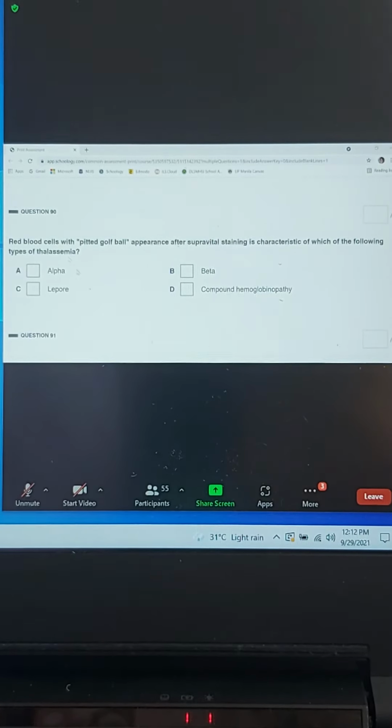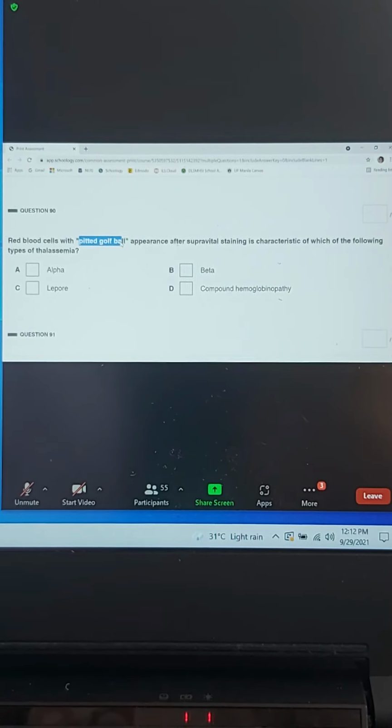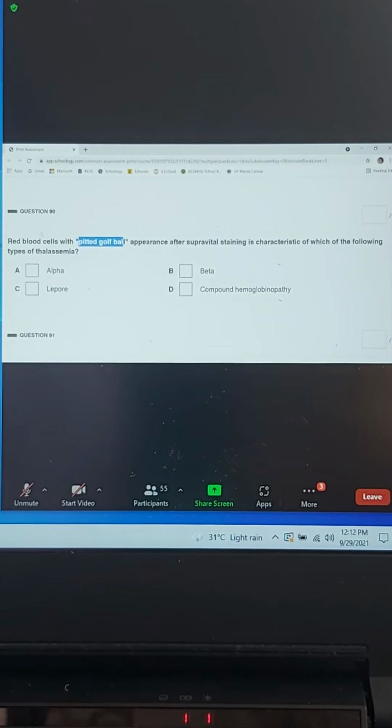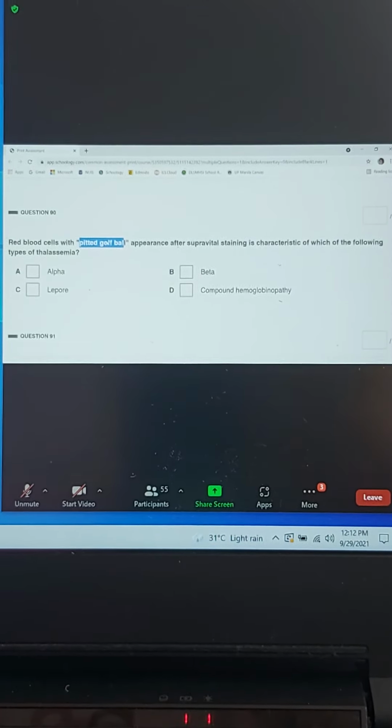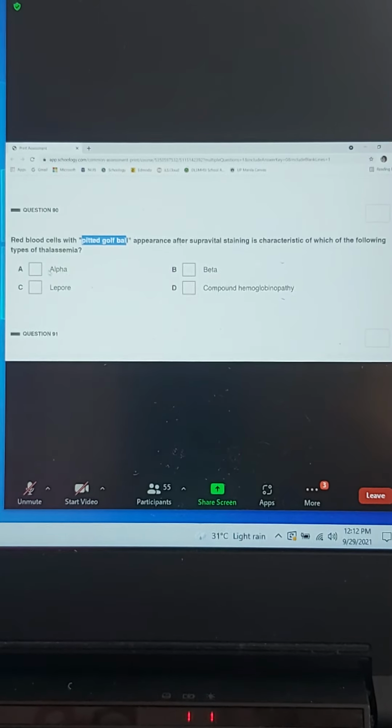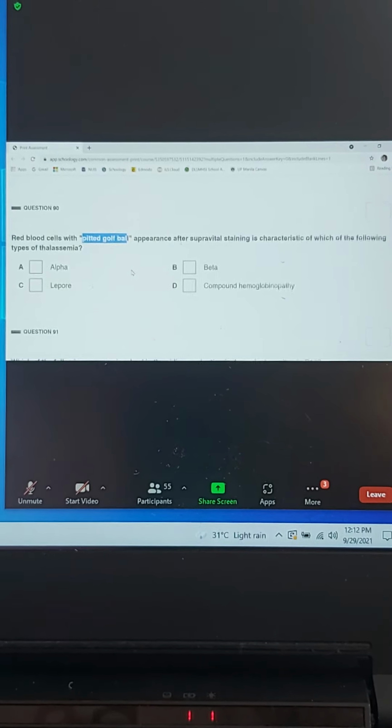Hemoglobin H. Okay? Sometimes, instead of pitted golf ball, the description is raspberry appearance. So pitted golf ball or raspberry appearance, hemoglobin H, seen in alpha thalassemia.